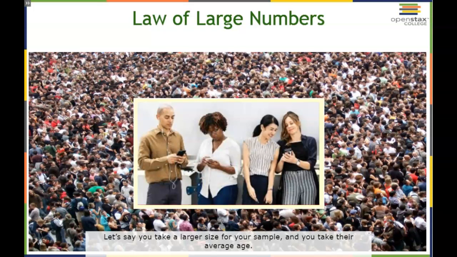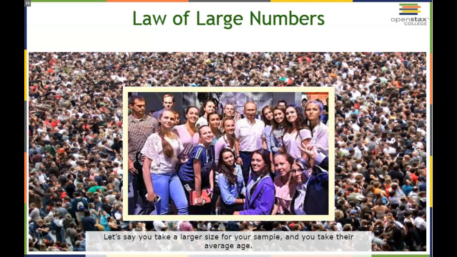Let's say you take a larger size for your sample and you take their average age. Remember, you're taking this sample out of your population. Well, X bar, the mean for the sample, is probably getting closer to the mean of the population.